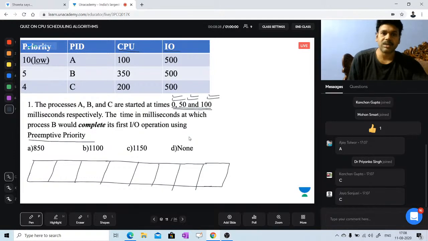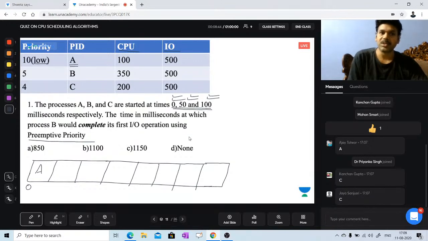So we are starting with 0. Only one process is available in the ready queue at that time, which is process A. So we are going to process it even though it has low priority, because only one process is available.